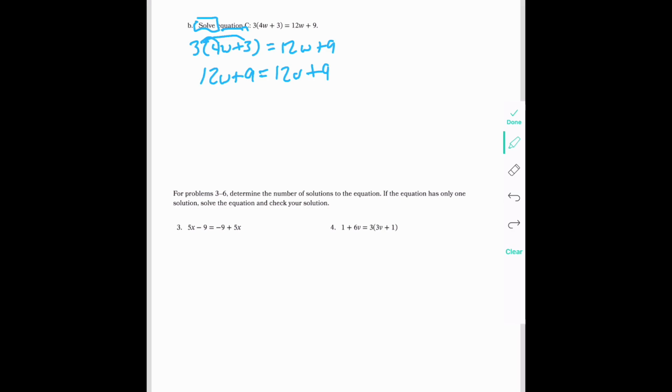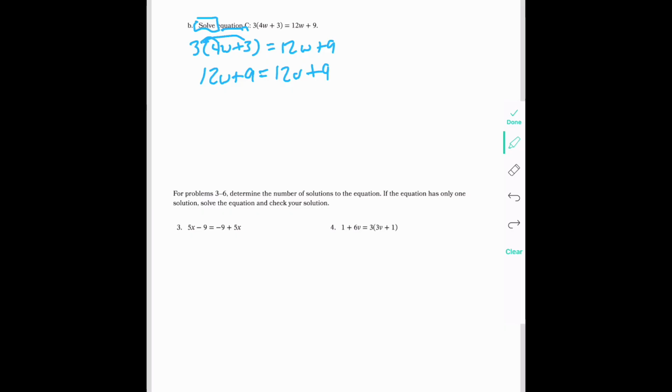All right, so now step 2, I do not have like terms on either side, so I cannot combine like terms. All right, then I go to step 3, but since I have 2 variables, remember, I'm at special step 3, which means I have to get rid of one of the variables.